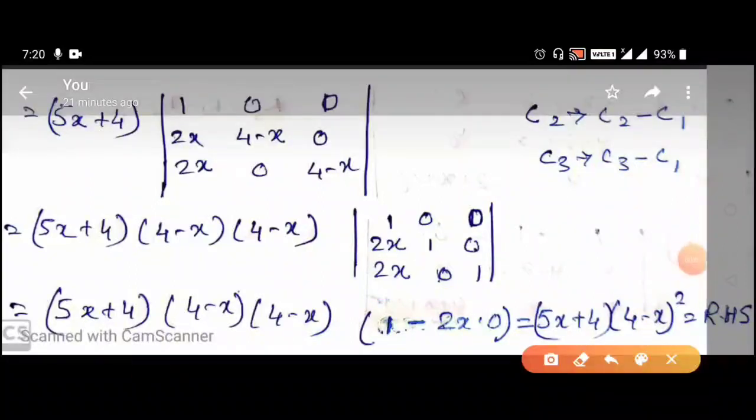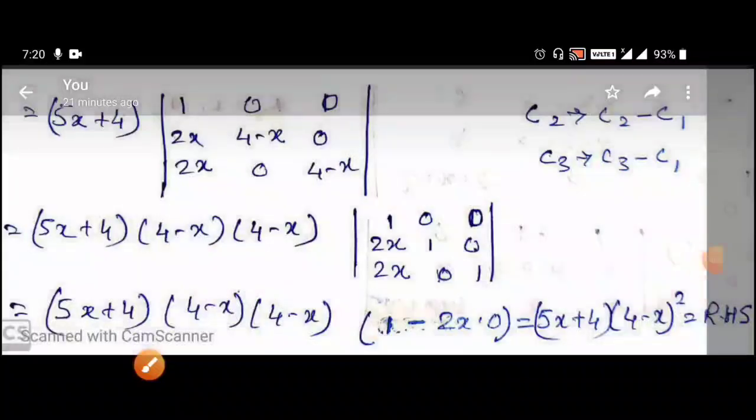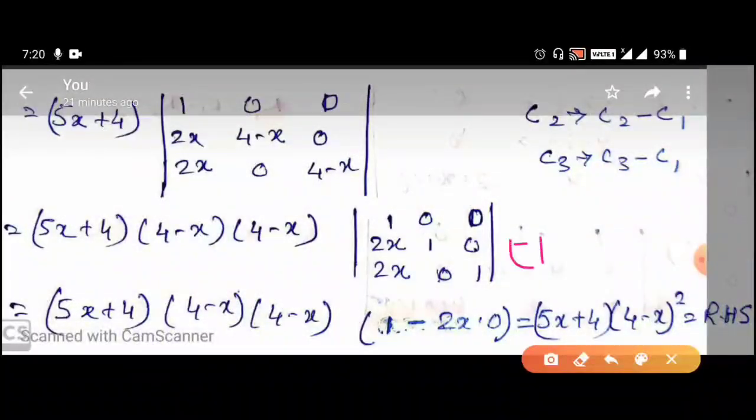If we expand the determinant along column 3, we will have minus 1 to the power 3 plus 3, because this 1 is in third row, third column, into 1, and we have to exclude this row, this column. Then 1 into 1, 1 minus 2x into 0.